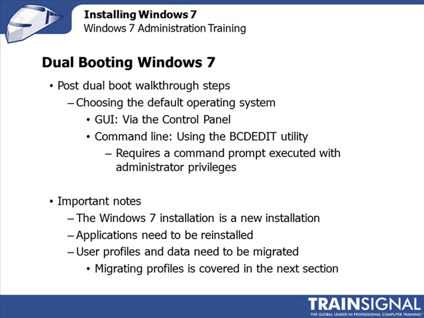That is, if you've got a Vista system and you're trying to get to Windows 7 and you decide to do a dual boot, it's not going to move any of the information from the Windows Vista side of the house to Windows 7. It's always going to be considered a new installation. As such, your applications need to be reinstalled, and your user profiles and your data need to somehow be migrated to the new system. We'll be talking about migrating profiles in the next section of this course.